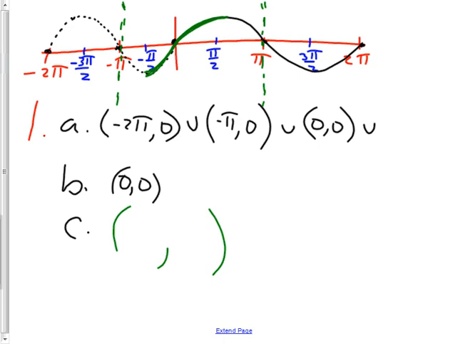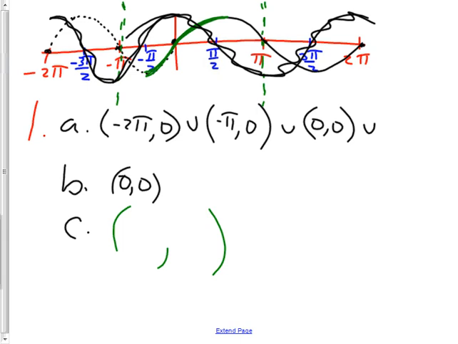I guess you might want to just sketch it like this, on the same graph. And then this wavy one here would be like cosine.